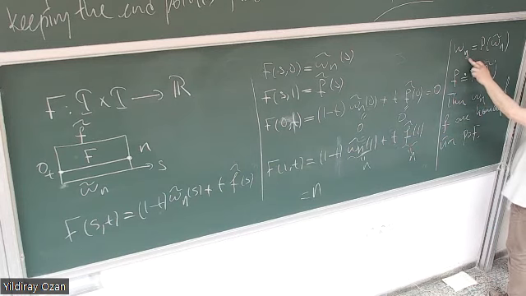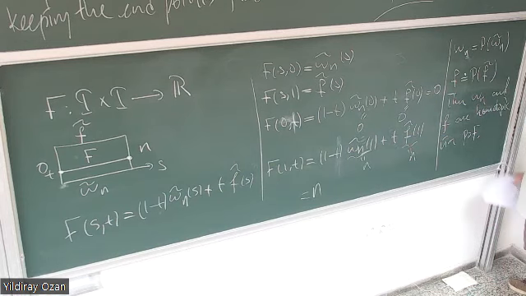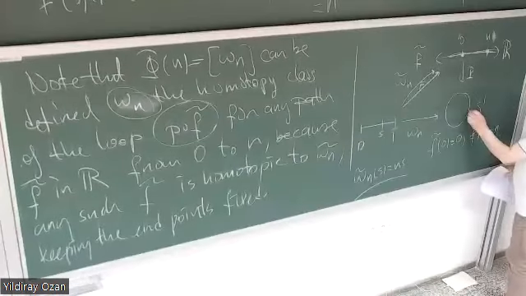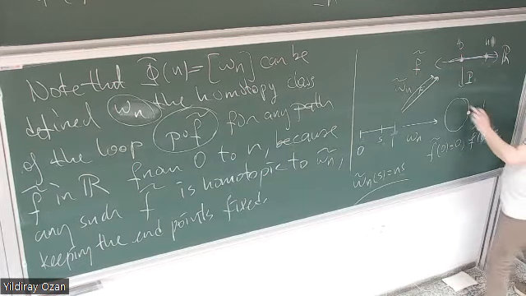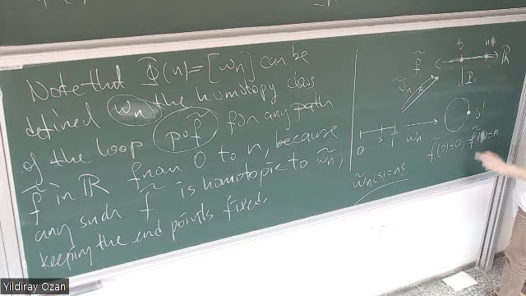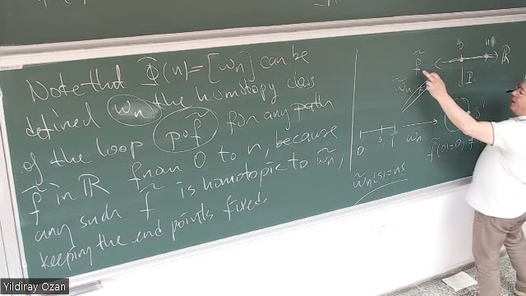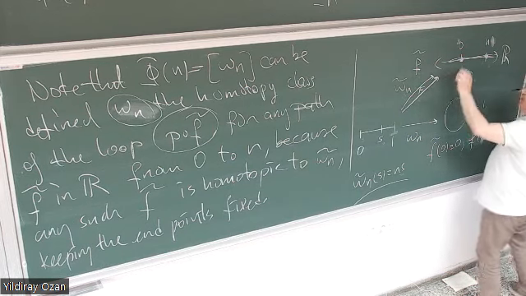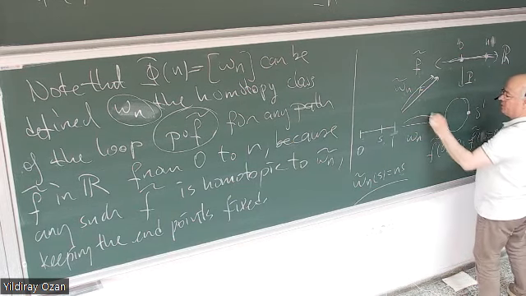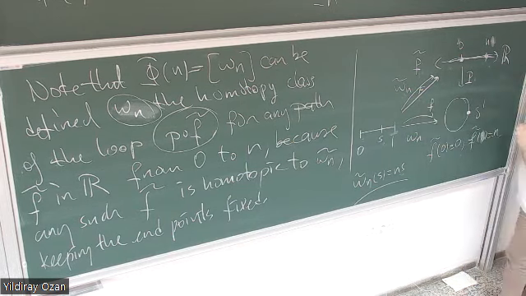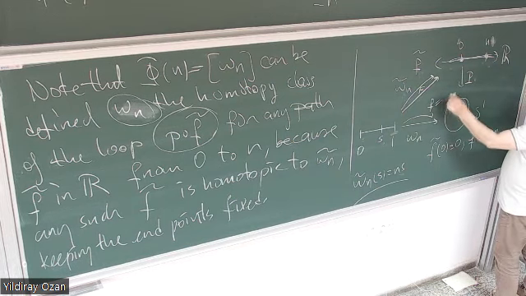It starts and ends at the point. So W n is a loop starting and ending at this point. The composition P with F tilde is also a loop, right? It is little f. What is this? This is just P composition F tilde.